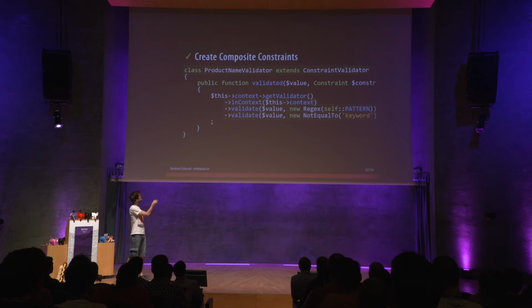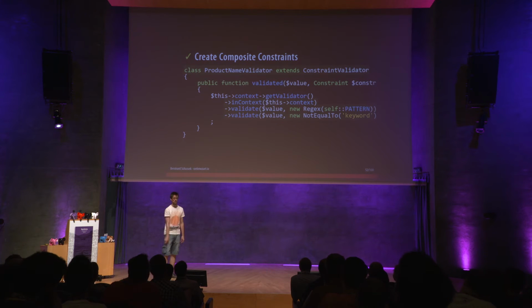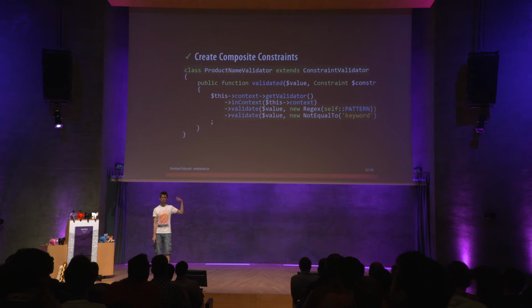Then you can write your custom product name validator and execute other constraints. So here we take the validation context, validate that our product name conforms to the regex and is not equal to some keyword. You don't need to implement all the validation logic that is already solved by those constraints yourself. You can just reuse them here.